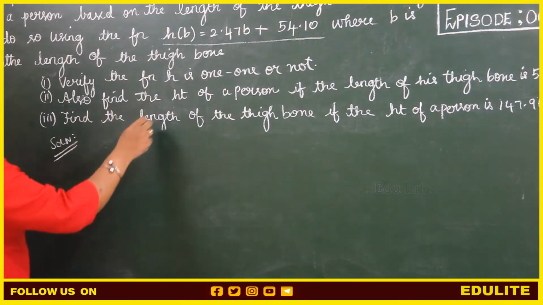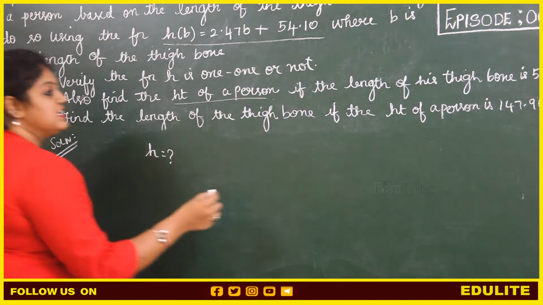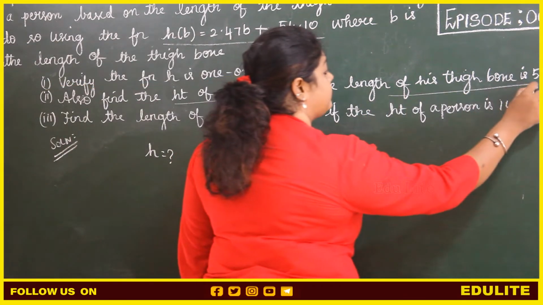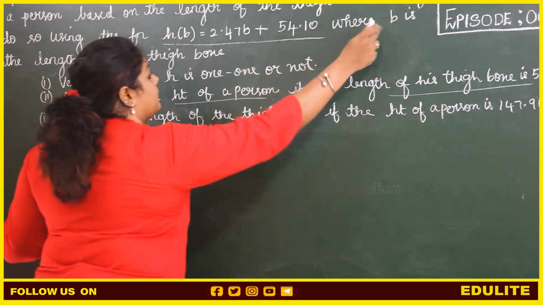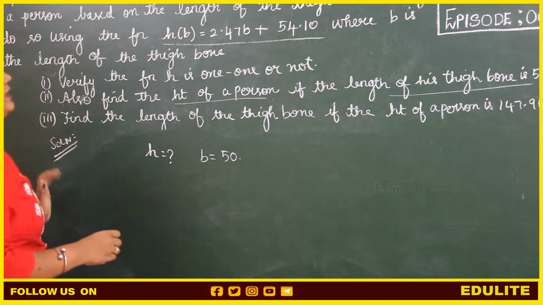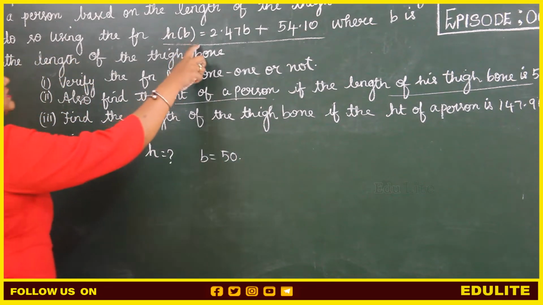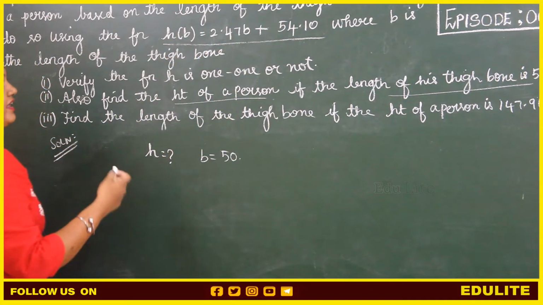In the second subdivision, we have to find the height of a person, whereas we are given the length of his thigh bone. Length of his thigh bone is represented as b in this problem. Therefore, b value is given as 50 centimeters. Now, in this function, we have to substitute the value of b, and we can find the value of h simply.